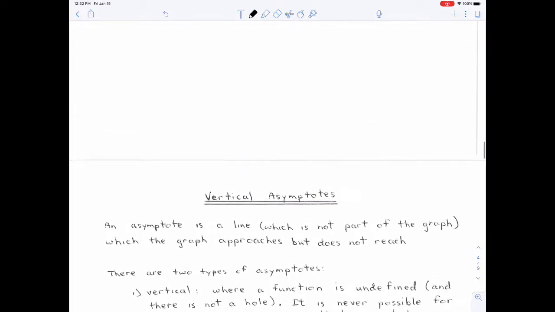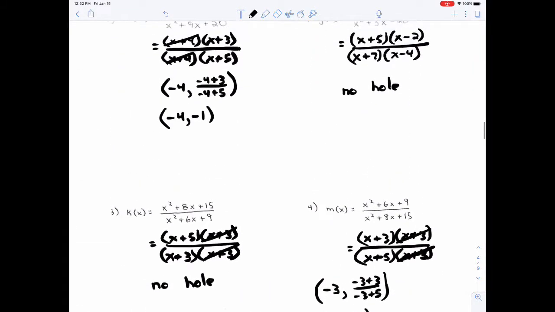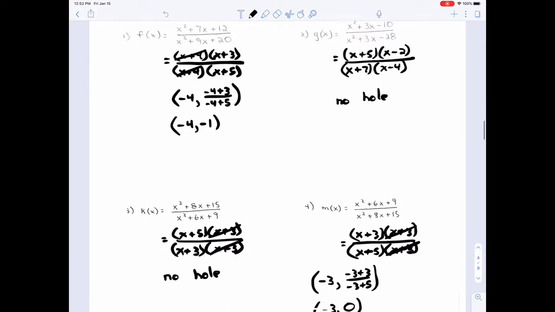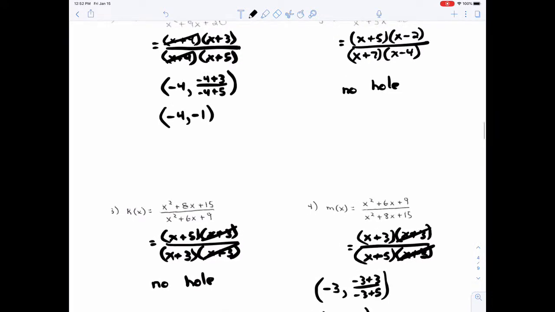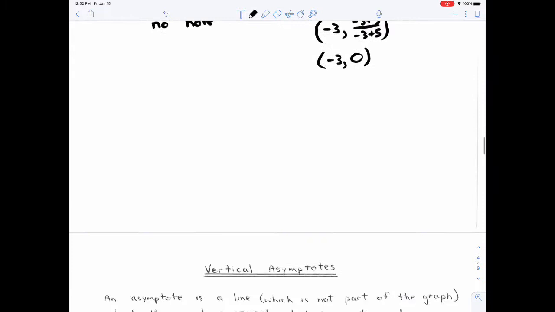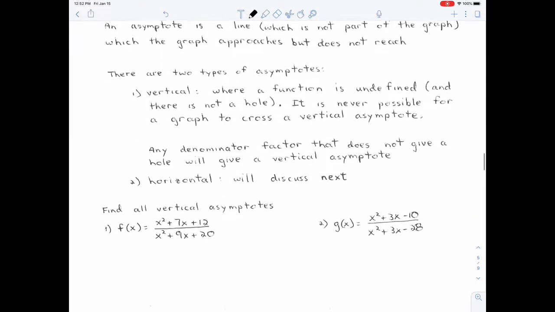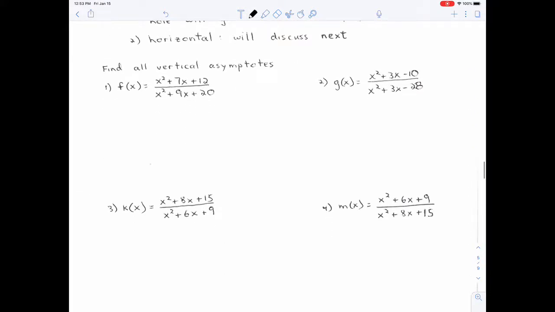So going back to these examples, remember it was like, well, what happens to the leftover x plus 5, the x plus 7, and x minus 4, the x plus 3, the x plus 5? What happens to those? They become vertical asymptotes, okay? So providing something does not become a hole, anything that makes the denominator become 0 will be a vertical asymptote.